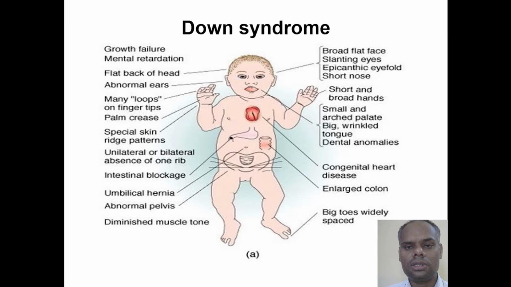These are the clinical features which I have already discussed for Down syndrome. They are clearly visible in these patients.